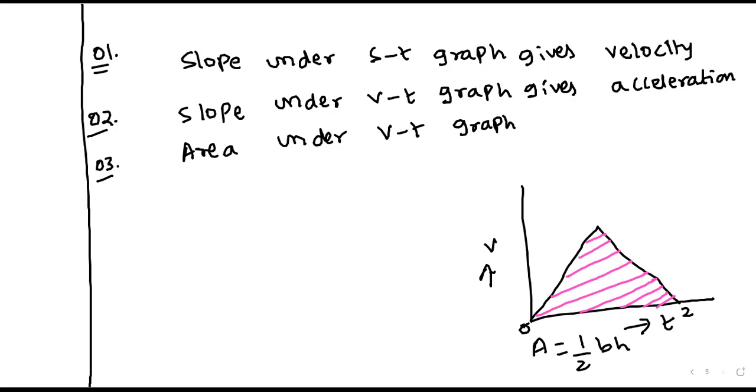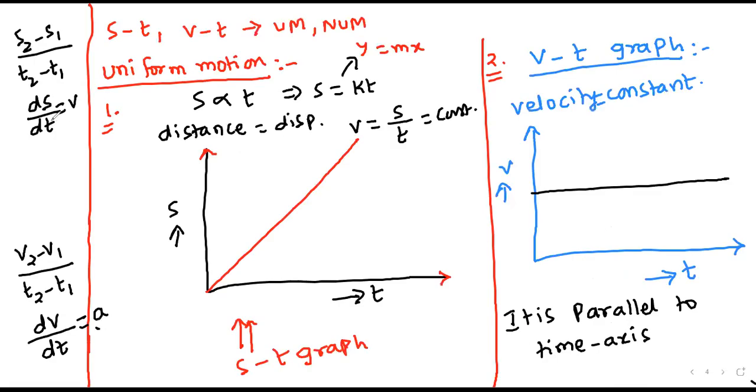Here base means time, and height means velocity. See, I got V equal to ds by dt. Velocity into time, I can write as displacement.